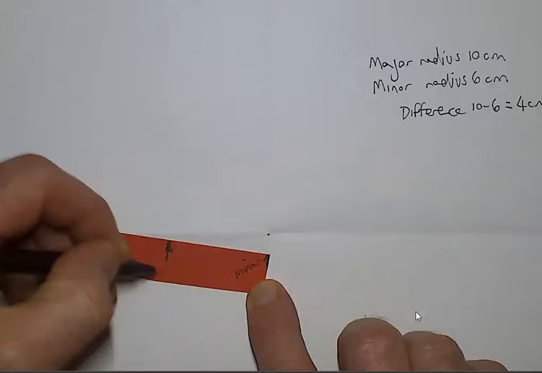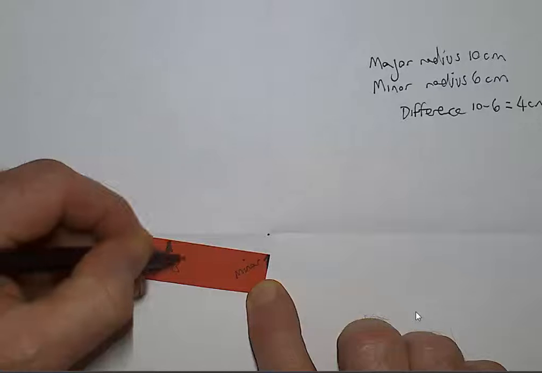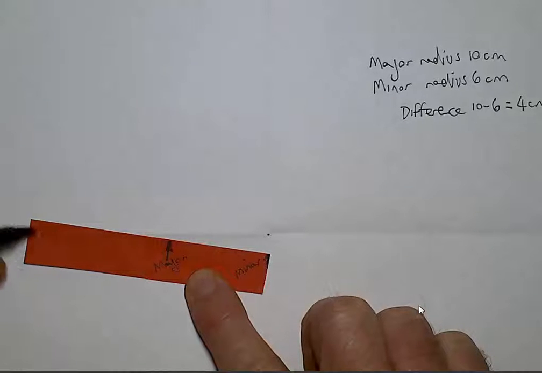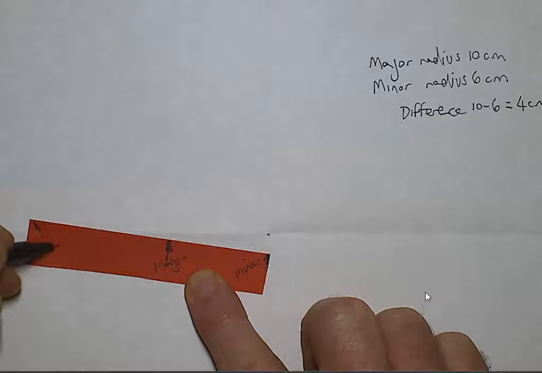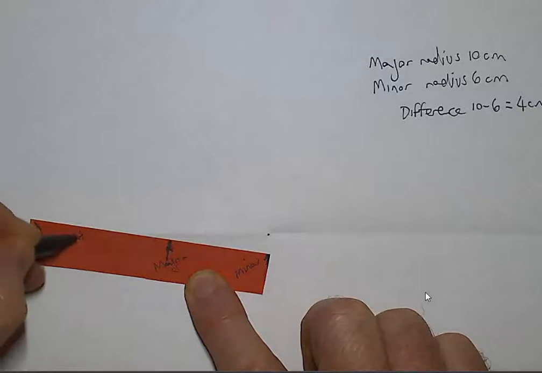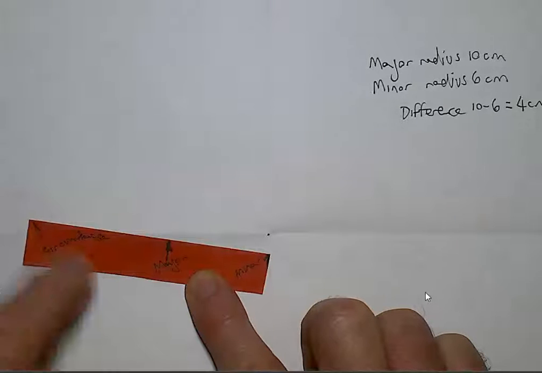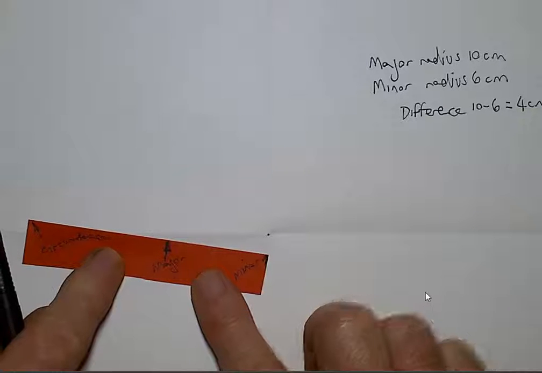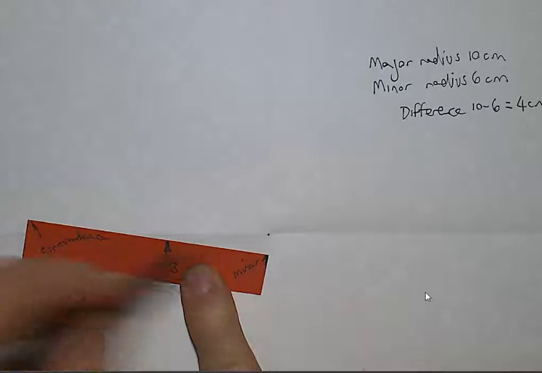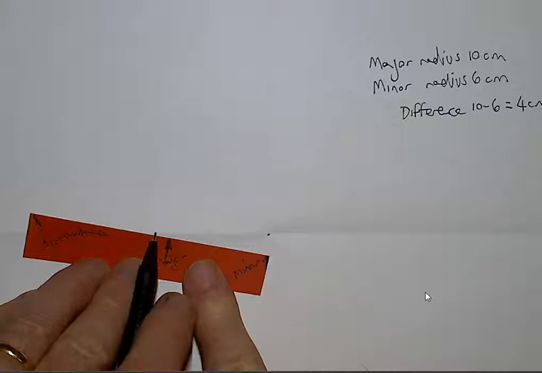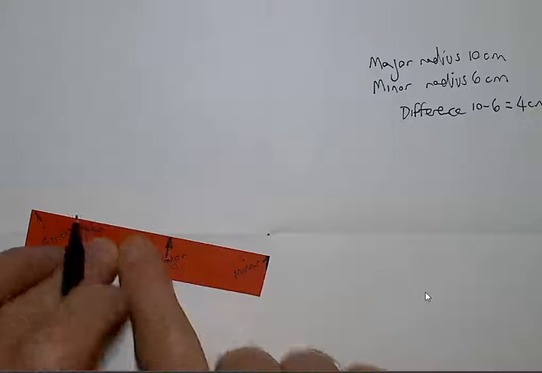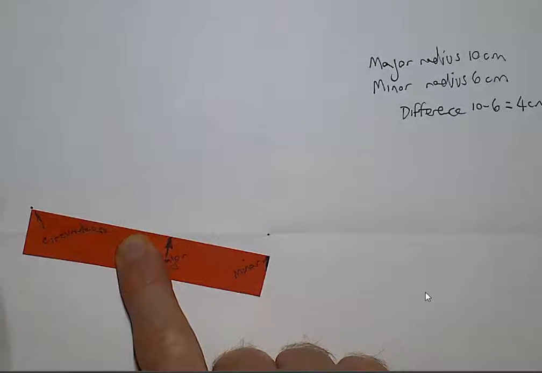This one is always on the major, and this is always on the circumference. So here is one point where this is on the minor, this is on the major, and this point here will be on the circumference.